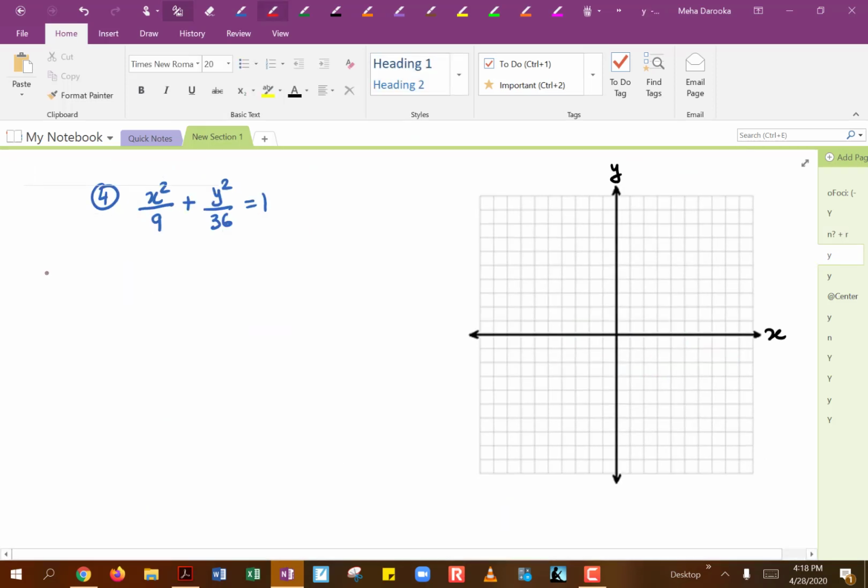Alrighty, so this tells us our ellipse is going to be centered again at 0, 0, and since our larger denominator is under the y variable, that tells us we have a vertical major axis.